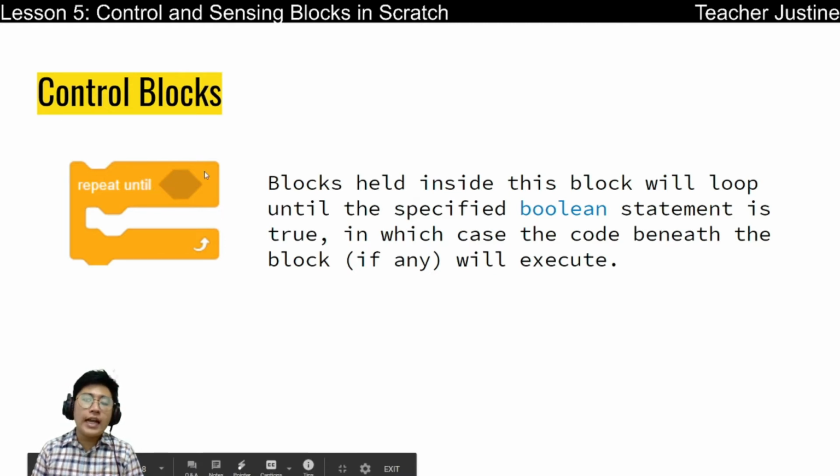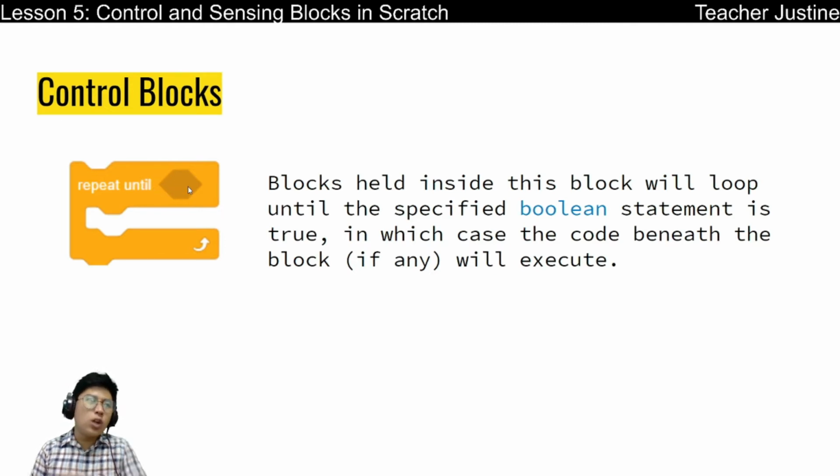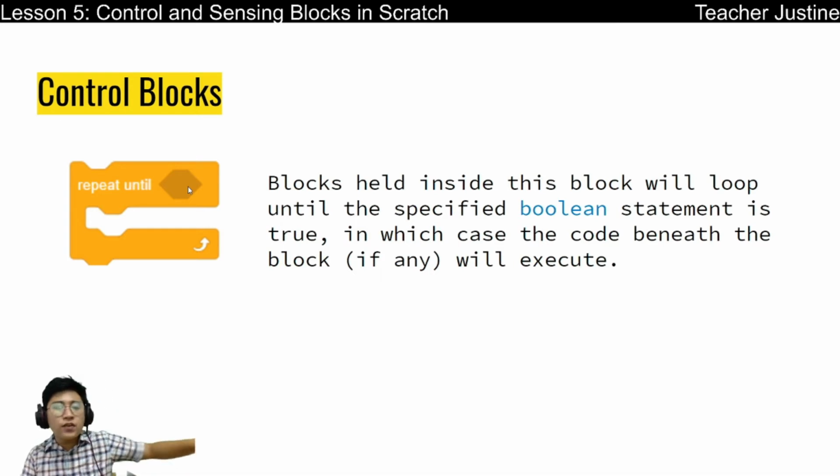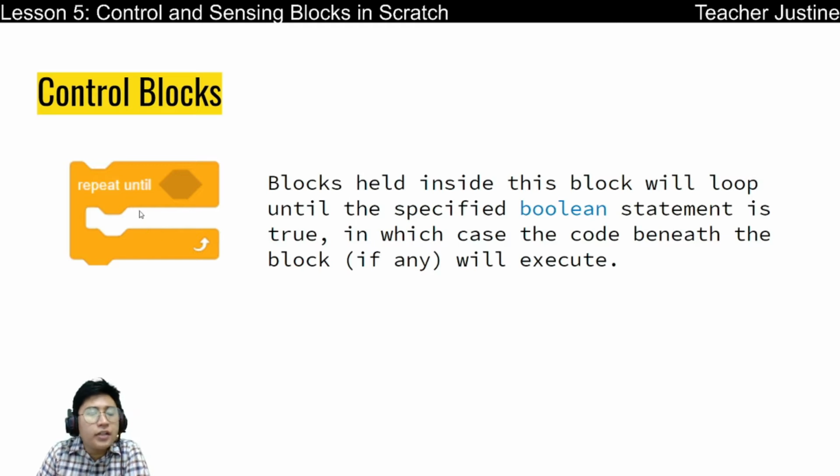Unless the condition that you put here is always false, then the code inside is just going to run and run and repeat. But if the condition that you put here is true, then it will stop and go to the next command to be executed. So this is the repeat until.